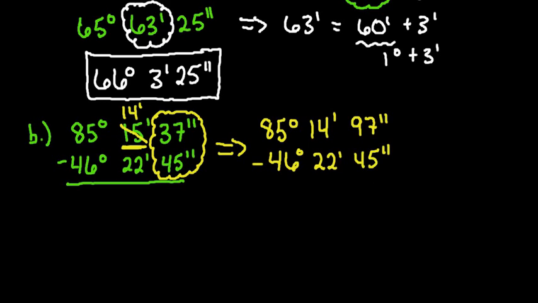But if you notice, we have the same problem with our minutes. 14 minutes is not greater than 22 minutes. So in order to work with this column, we're going to have to borrow 1 whole degree from here. So we're going to have 84 degrees.